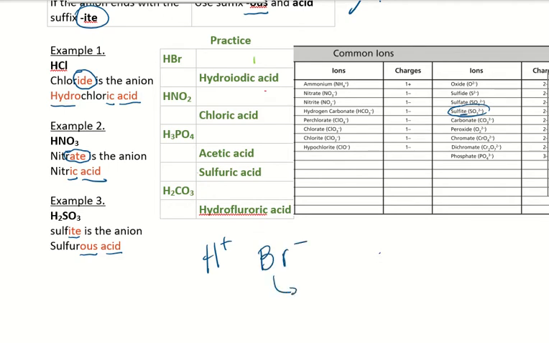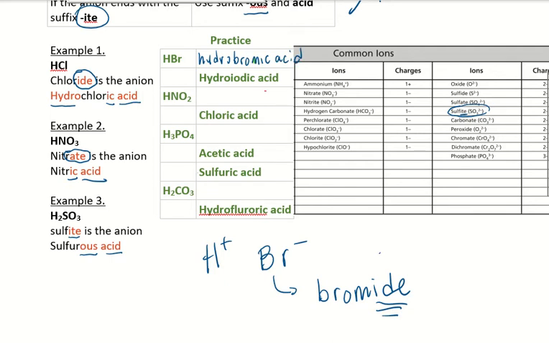This is what? Bromide. IDE. So, what is going to be the name of HBr? Hydrobromic acid.